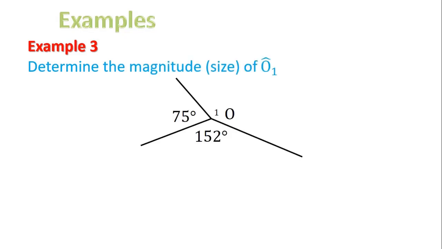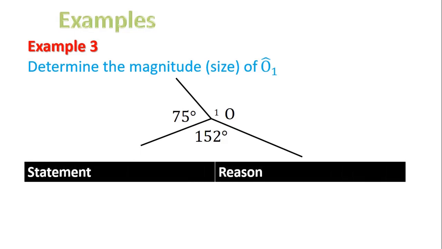Example 3. Determine the magnitude or the size of O1. And now we don't have two angles, we've got three. There's our statement and reason structure. Now we know that if we add all of the angles together, it must come to 360 degrees.